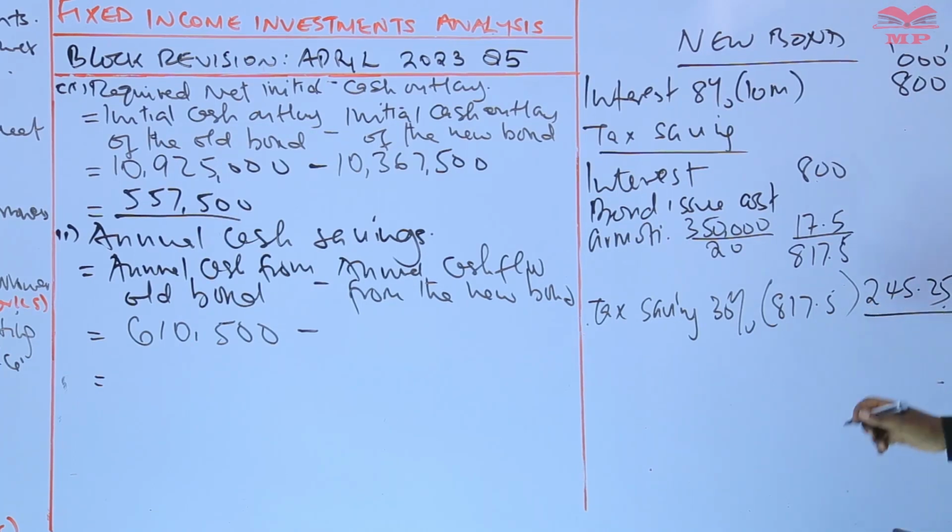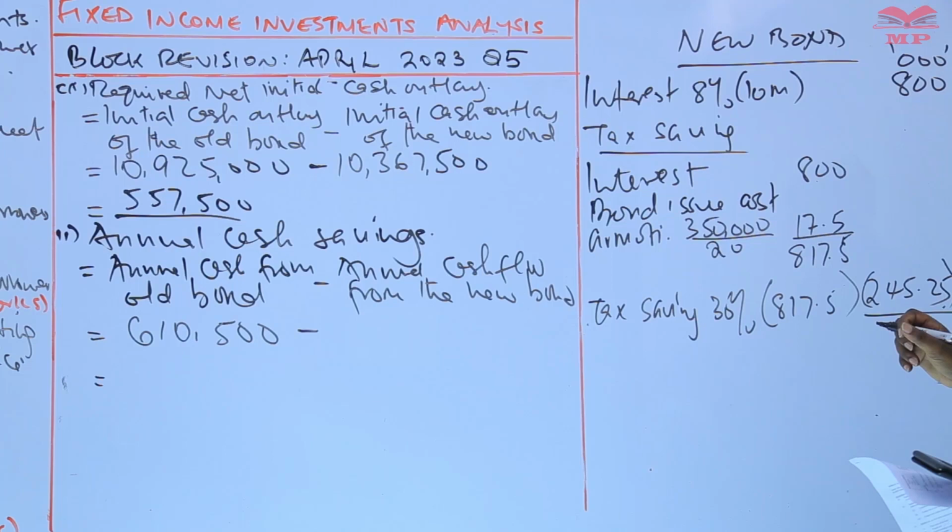This we are going to deduct from 800,000 to get 554,750.